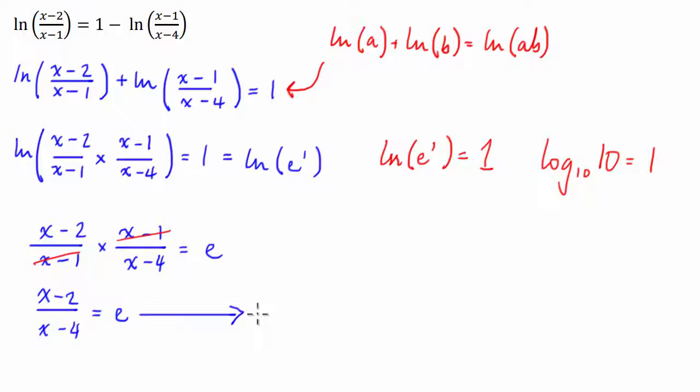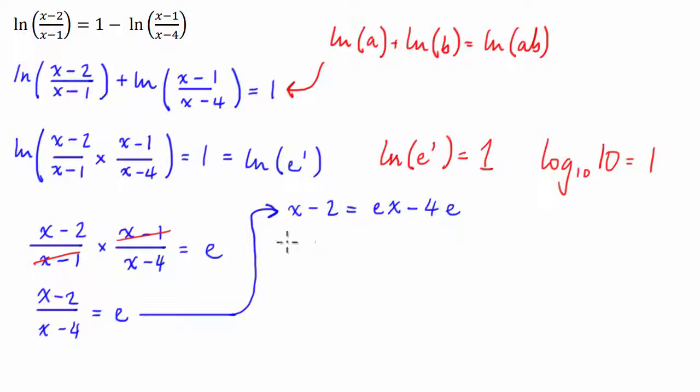I'm going to have x take 2 is equal to, multiplying x take 4 by e, ex minus 4e. Cool. From here I'm going to take the 4e to the other side, and take this x to this side.